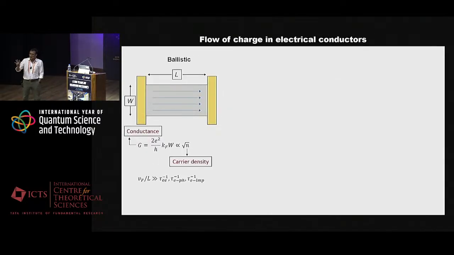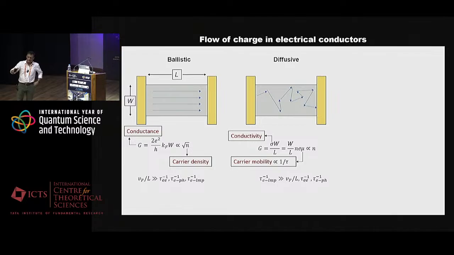Okay, so if I have a high quality electrical conductor, there are usually three regimes of transport. One is ballistic, in which the electron can go from here to here without suffering any collision at all. Diffusive, of course, that's not important to us because it's everywhere.